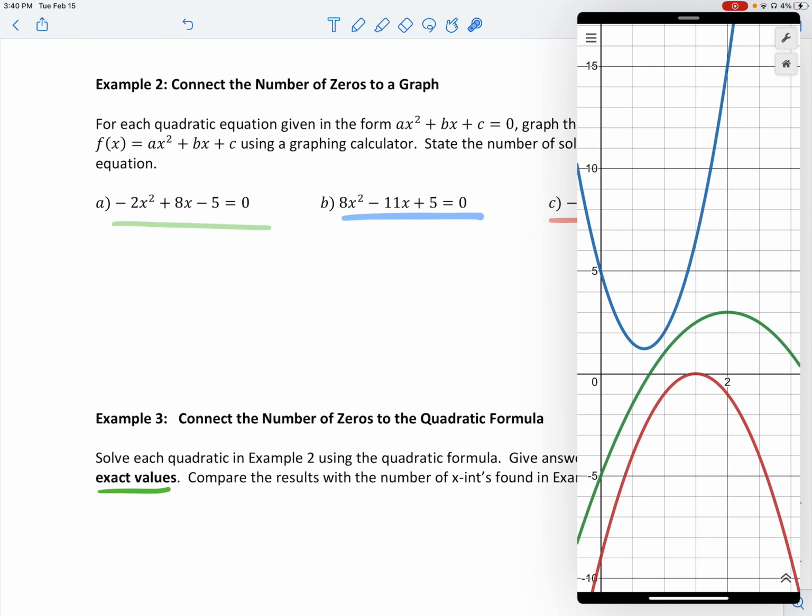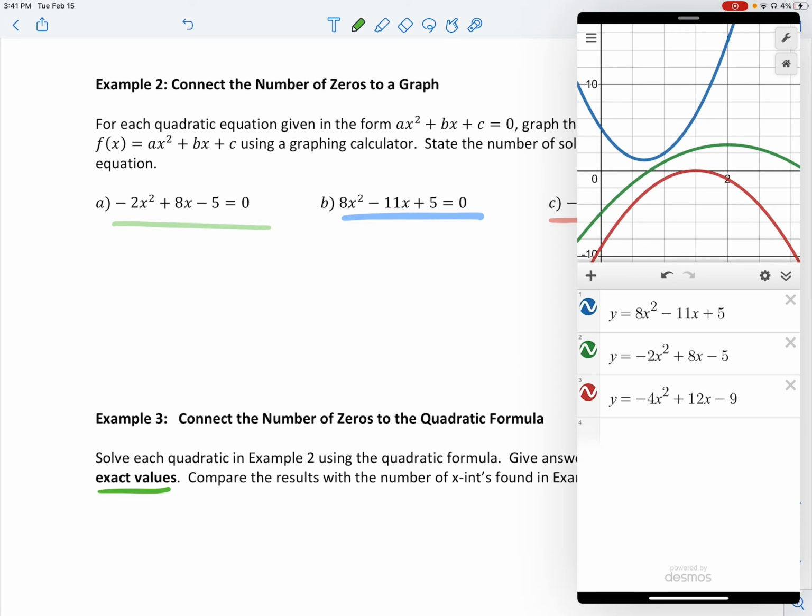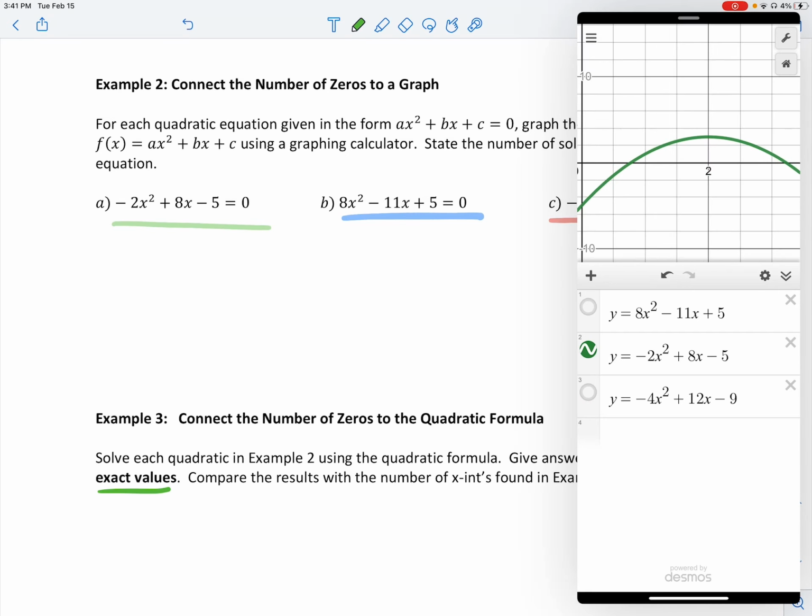All right, so in this green graph, I'm just going to isolate the other colors. In the green graph, the function would have 2 zeros.